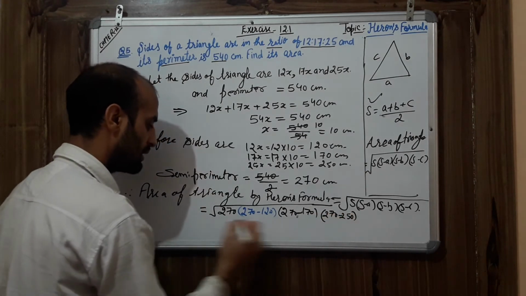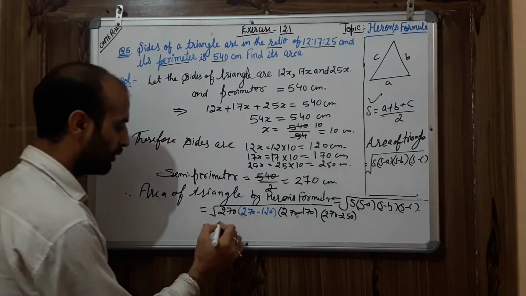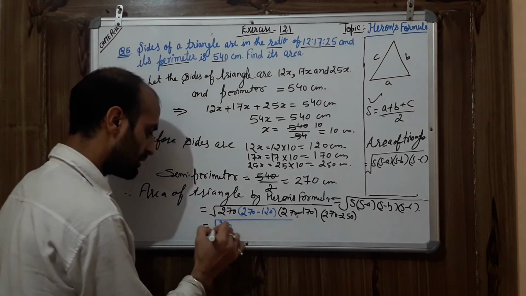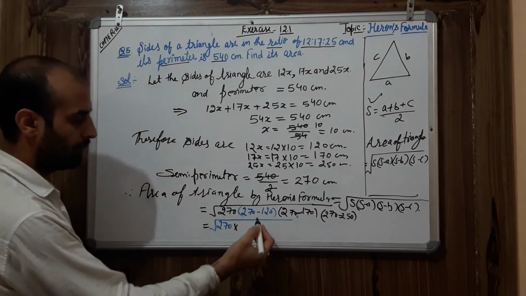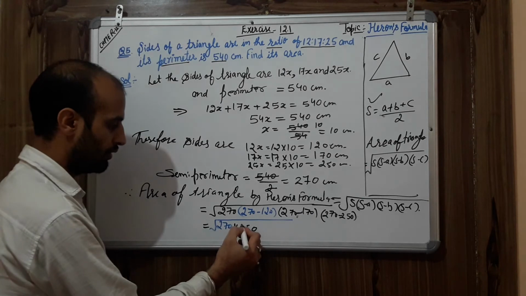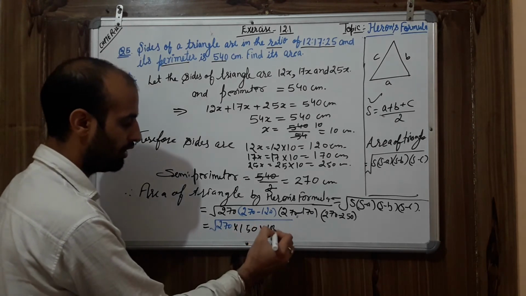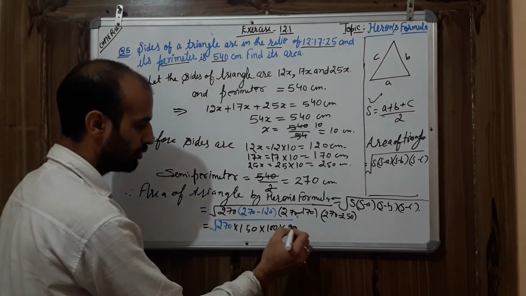So after this, you will get 270. Now we need to subtract 120 from this, so it becomes 150, and multiply by here. If you are subtracting, it will become 100, and here it will be left with only 20.